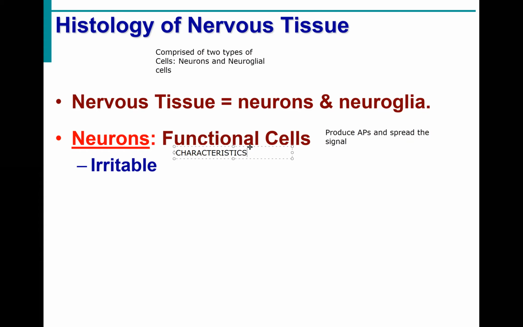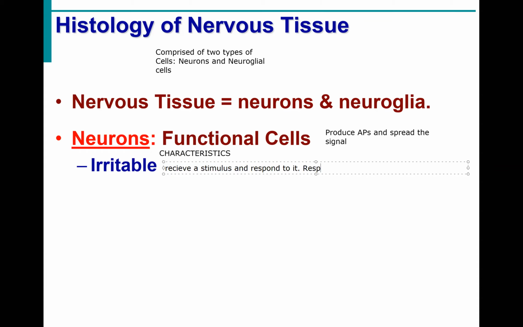One of the big characteristics that they share with muscle cells is that they're irritable. Of course, as you remember, irritable means to receive a stimulus and respond to it. And our neurons do it in the exact same way.